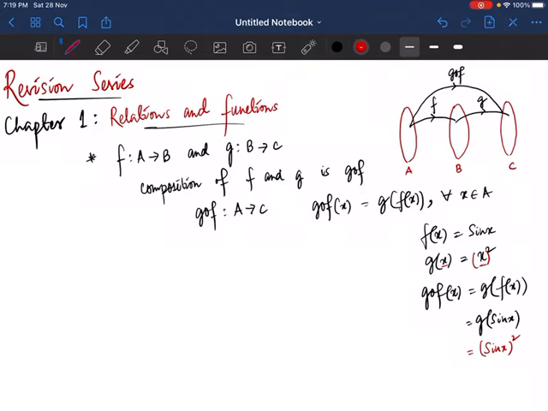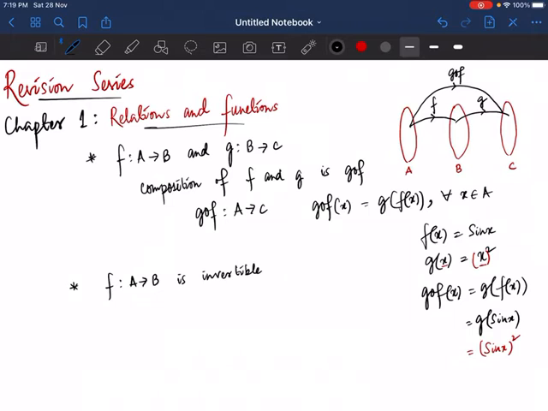So what is the inverse of a function? Now let's discuss that. A function f from A to B is said to be invertible. Now what is the main criterion for this to be invertible?